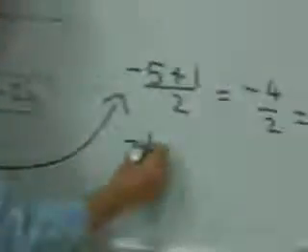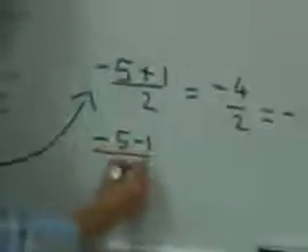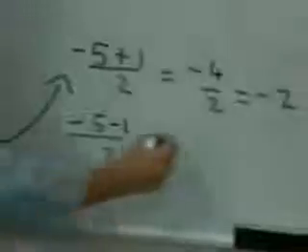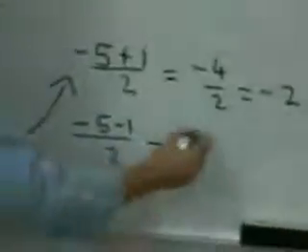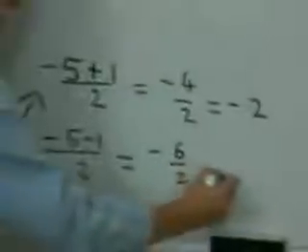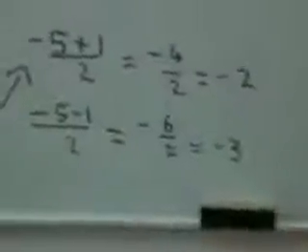The other one is minus 5 minus 1 over 2. So that gives me minus 6 over 2, and that is minus 3.